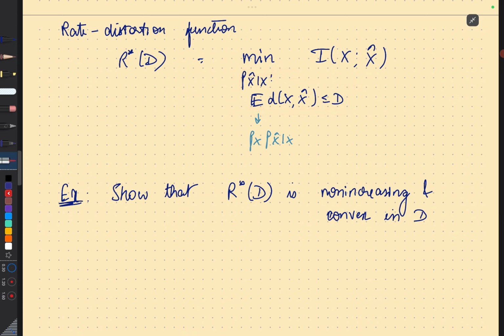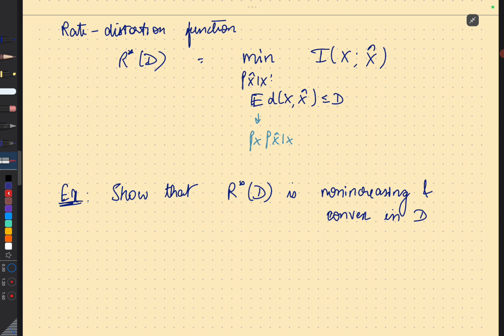If you increase D, if you take a D prime that is larger than D, then this constraint set only becomes larger. So you're minimizing over a larger set, which means that the minimum can only be smaller. That's why R star of D is non-increasing in capital D.